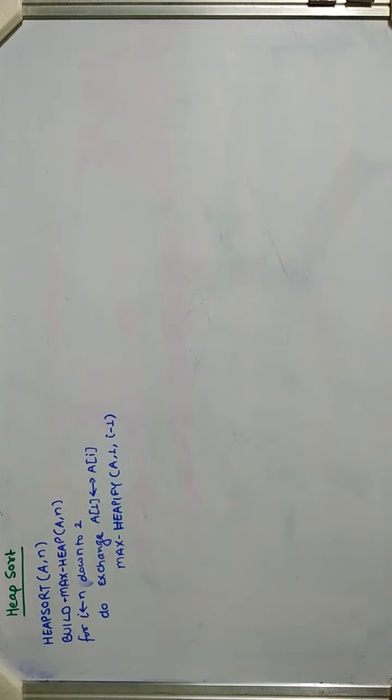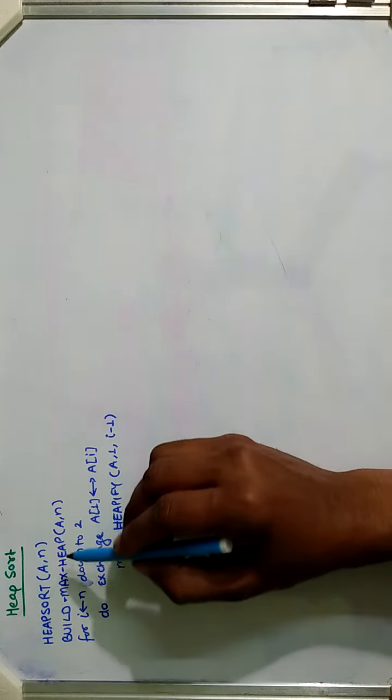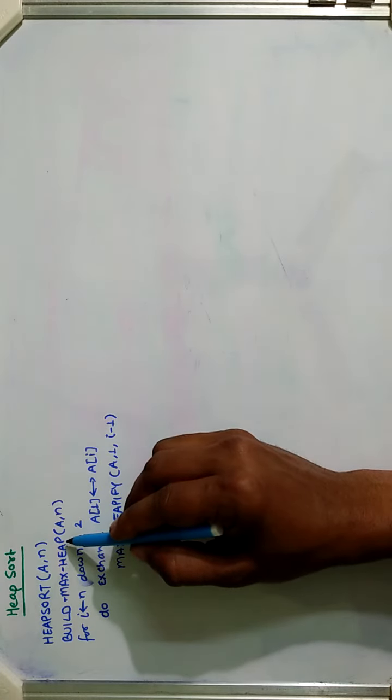Before we apply heap sort, we need to understand how this procedure works. For heap sort, we are given an input array, and the algorithm works as follows. It will create the max heap of the given input first.